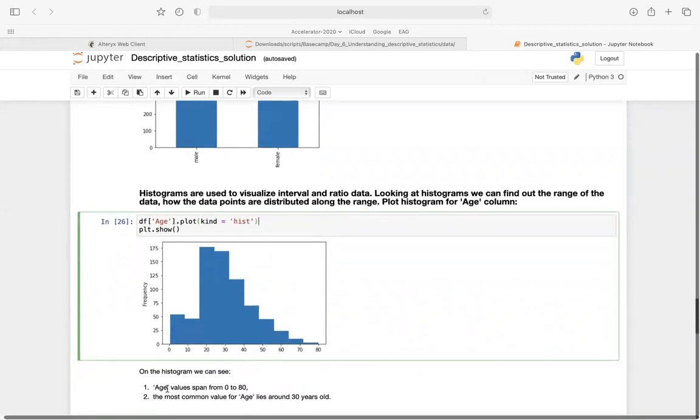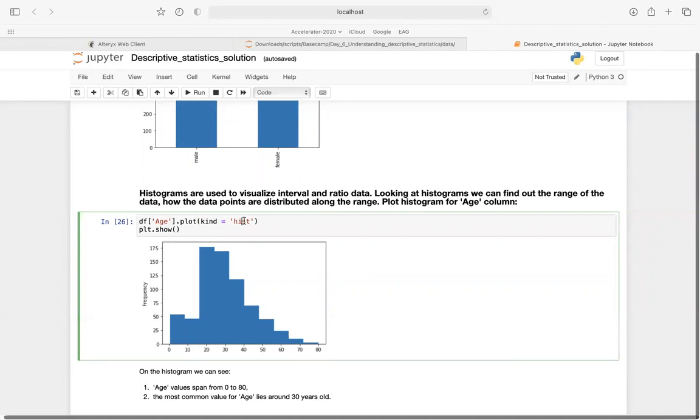On the histogram, we can see the age values span between 0 and 80, right? And the most common value for age lies around 20 to 30 or maybe around 30.